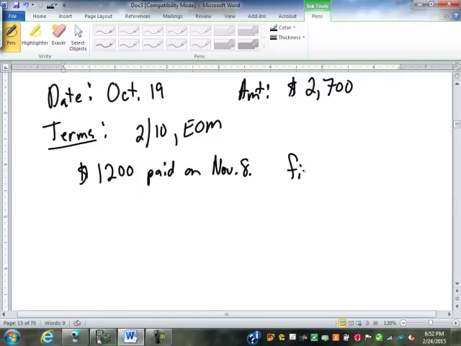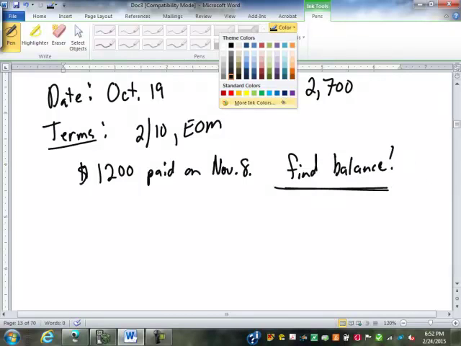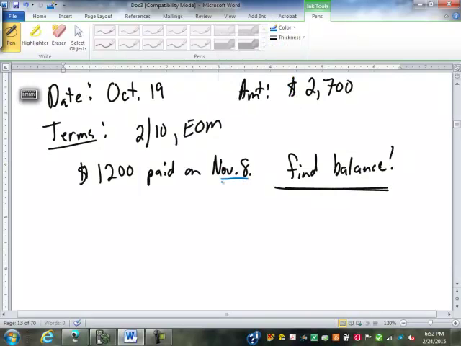Find the balance. On November 8th, do they get the discount? Yes, it's EOM. So that means October 19th is going to become October 31st, the last day of October. 10 days after that will take us past November 8th.